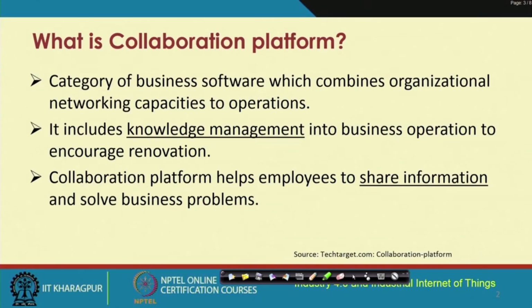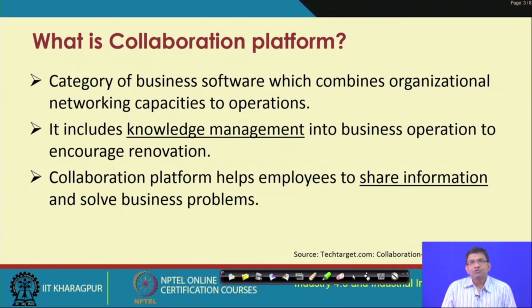So, what is a collaboration platform? Basically we are talking about a platform which can be a software platform, which can be a software hardware platform, which helps the employees to share information and solve certain business problems. So, employees can share information between themselves using a collaboration platform. The employees of one industry can share the information with employees of another industry by virtue of use of these collaboration platforms, and so on, and this thing you can generalize and extend to different scenarios likewise.